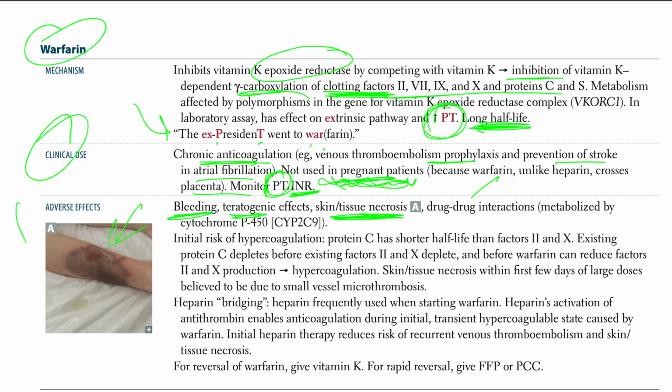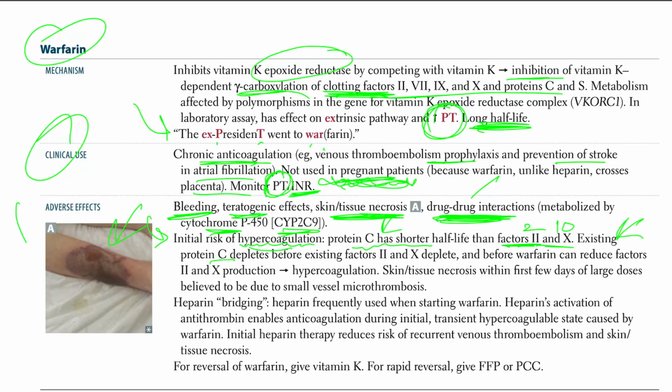You have a drug-drug interaction since it is metabolized by cytochrome P450, CYP2C9, so you can have drug-drug interactions. Initial risk is of hypercoagulation because protein C has a shorter half-life than factors 2 and 10. So initially, as you give warfarin, you have a chance of hypercoagulation.